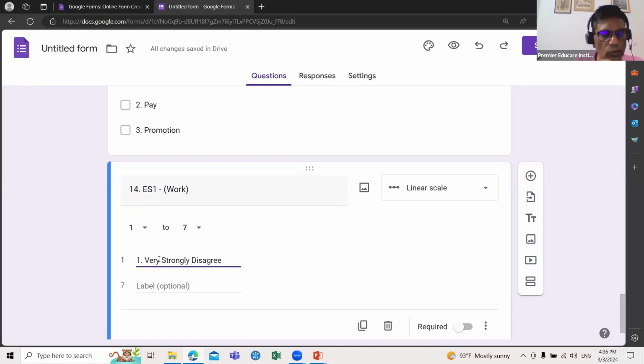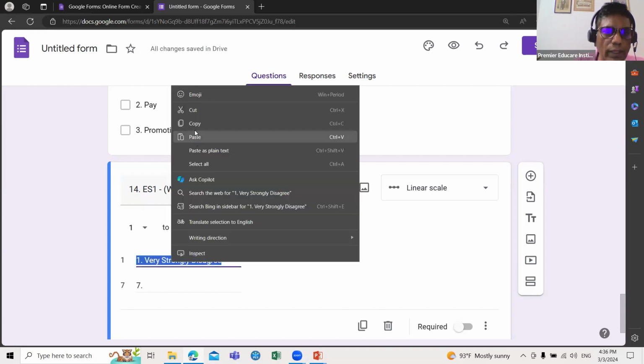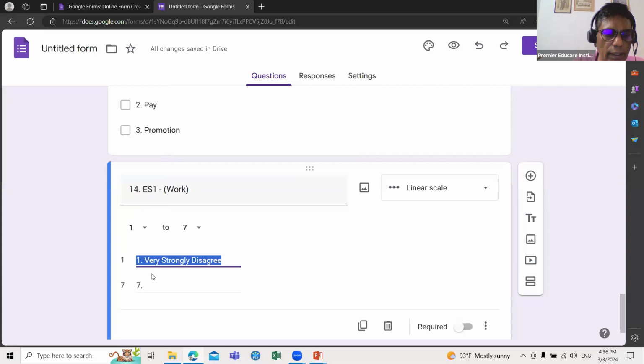What is the 7th one? You don't have to write down the ones in between; that should be written in the SPSS. So the 7th response is very strongly agree. If you want to, you can copy and paste.